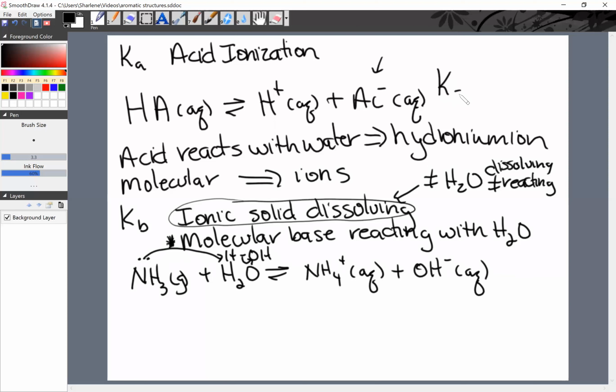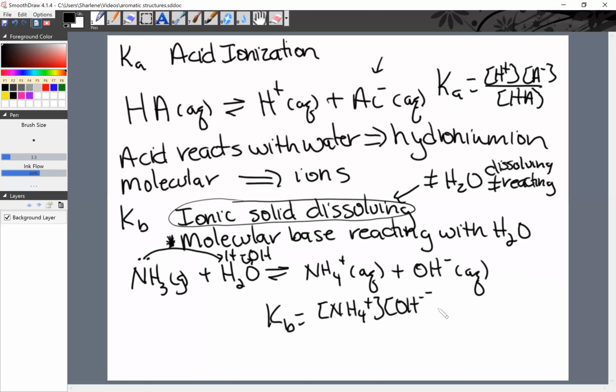So this Ka equilibrium expression would look like that. And the Kb one would look like, oh, don't put the water in. All right, notice right here.